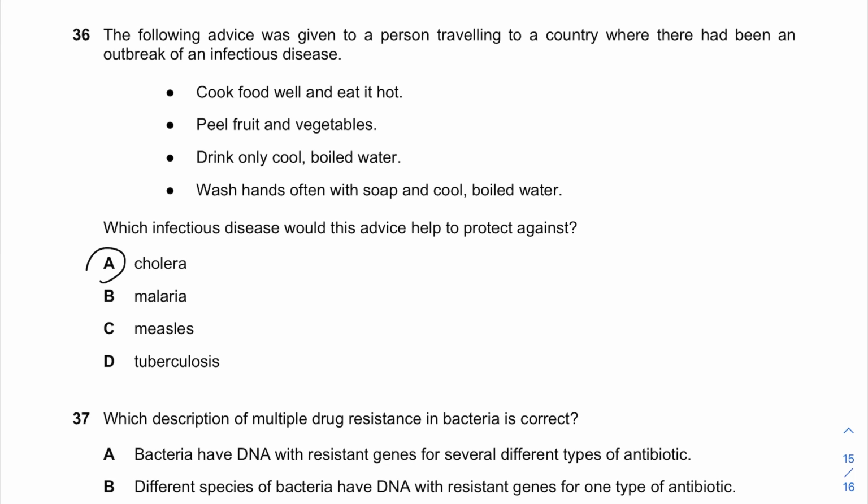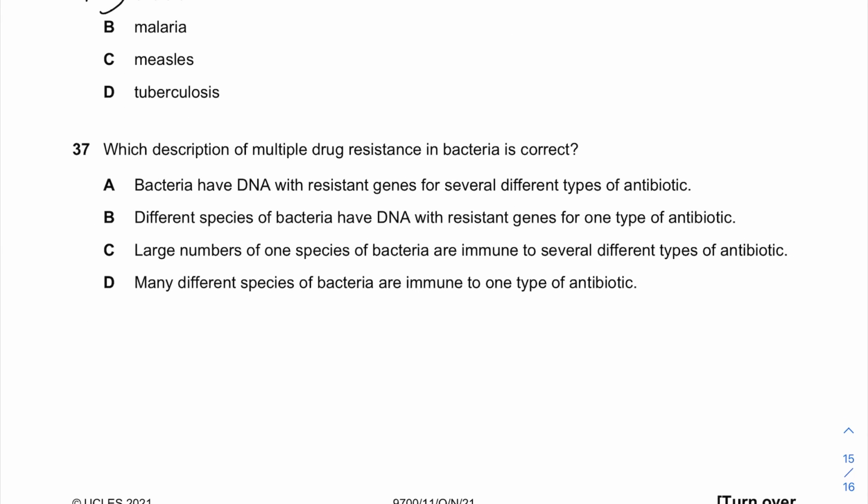Question 37. Which description of multiple drug resistance in bacteria is correct? Bacteria have DNA with resistant genes for several different types. Yes, this is actually correct. Let's look at the other options. Different bacteria species have DNA resistance for only one type. No, that is incorrect. They can have resistance for more than one type.